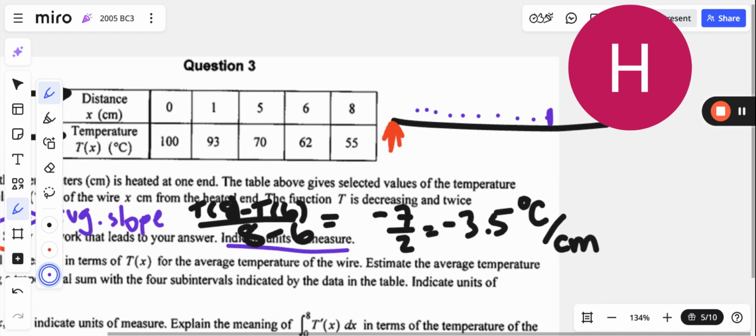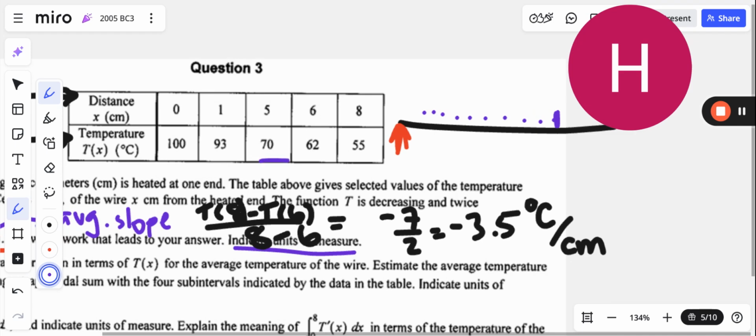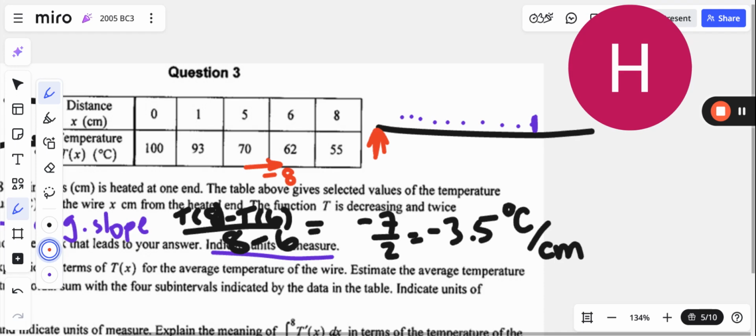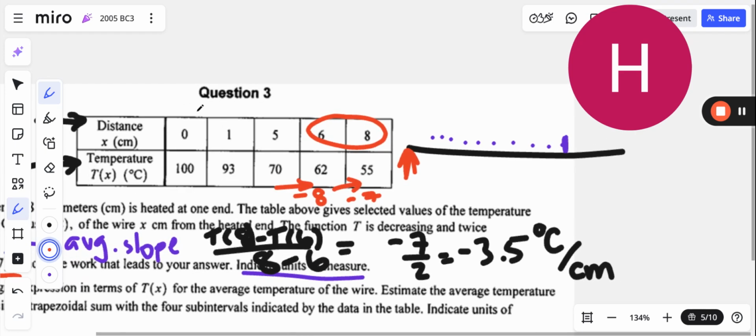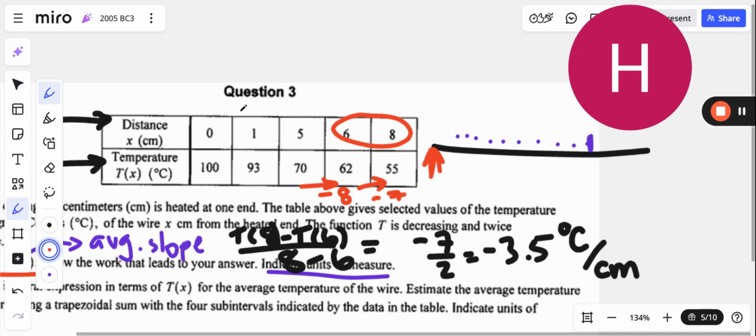You'll notice that here, the temperature is dropping by 8. So let me put that in red, actually. From 5 to 6, that's minus 8. And then it takes 2 centimeters to drop by 7. So it seems like the temperature drop is more significant over here.